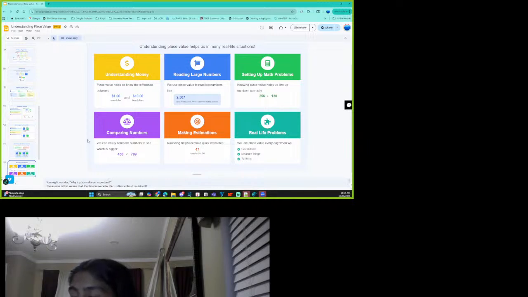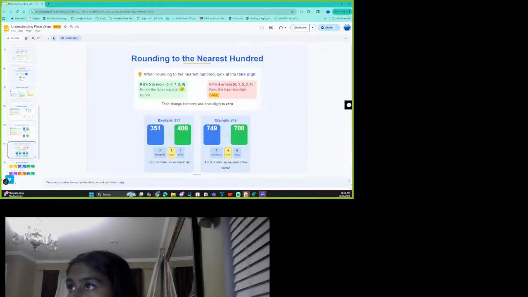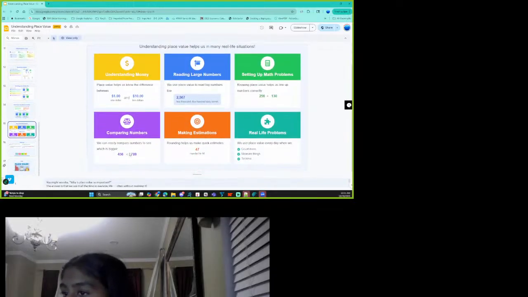So we can compare numbers and see which one is bigger based on place value, and using the symbols that we talked about in the comparing numbers, comparison symbols. So we can use this to compare numbers.